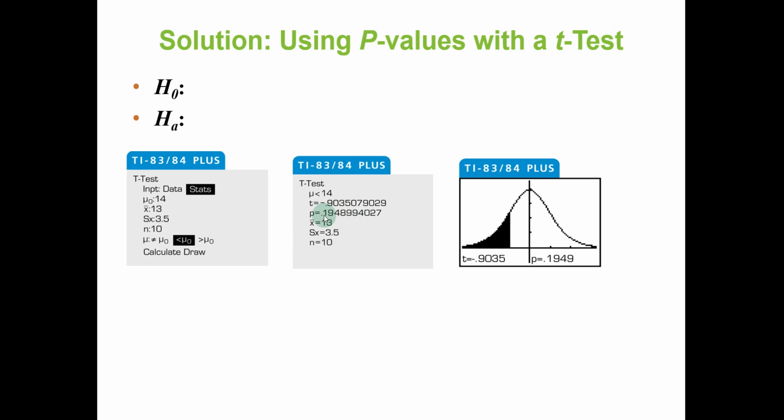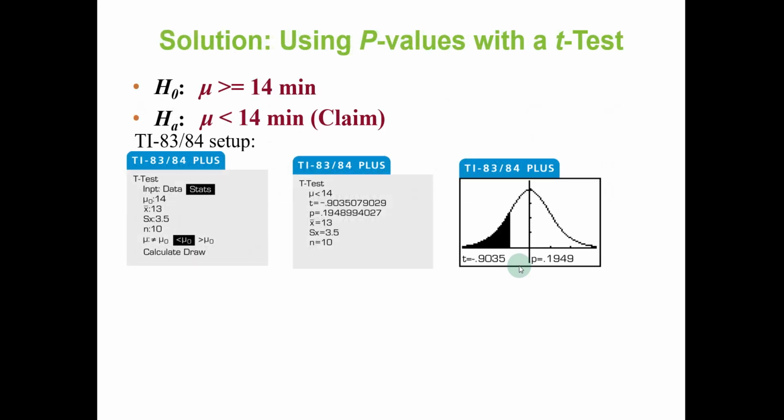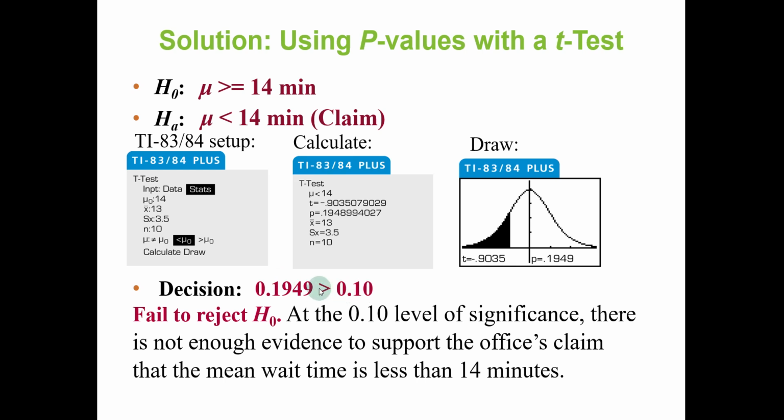You have to compare this p-value to your level of significance of 0.1 that was given. With this as your null and this as your alternative hypothesis, when you do the math, you will find that your p-value is greater than your level of significance, so you fail to reject your null hypothesis.